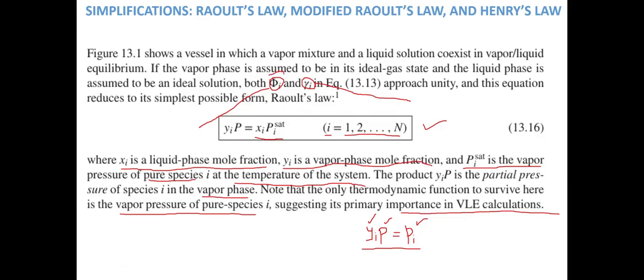If you are teaching or at an undergraduate level, I think it is enough for you to know that for ideal gas condition, phi i equals 1 and gamma i also equals 1. That is why we use it for an ideal solution, right? If the solution is not ideal and we technically want to know what the interactions between the molecules actually are, we use phi i and gamma i.